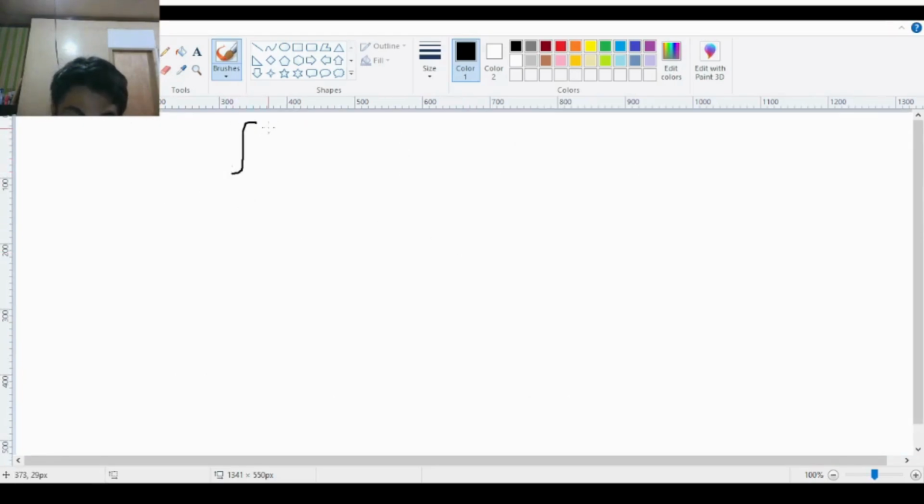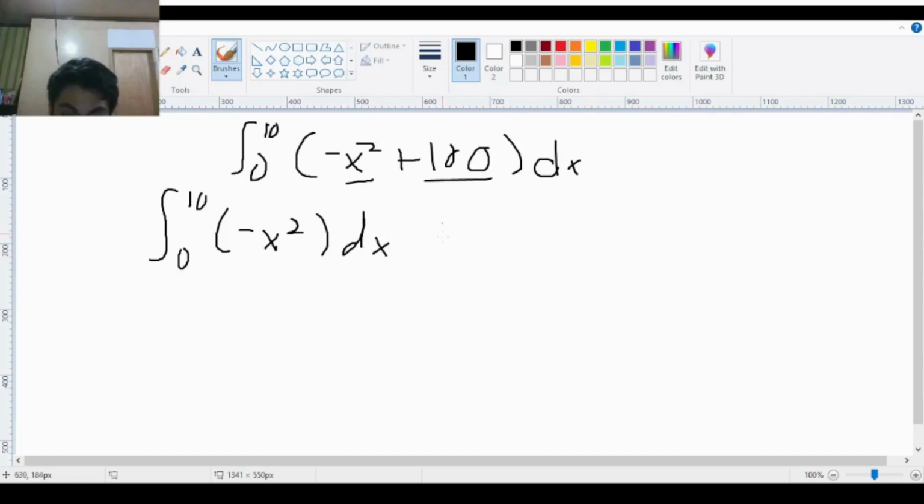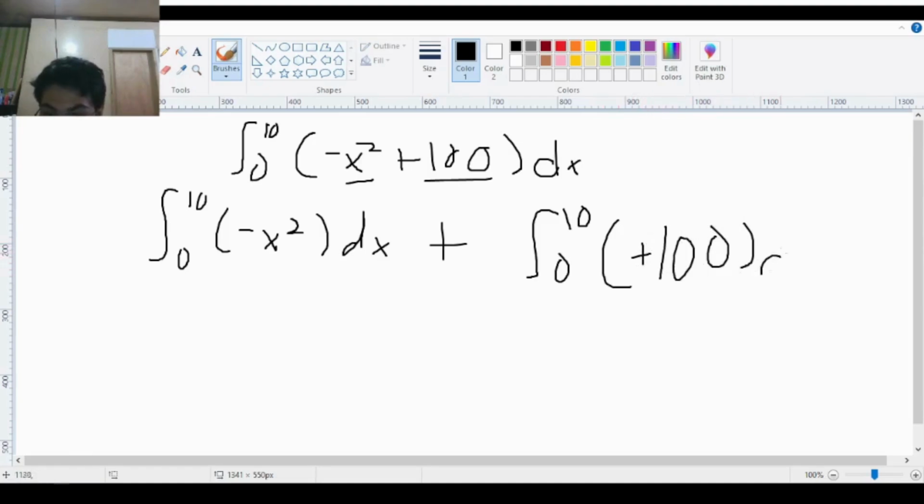From that equation, integral from 0 to 10 of negative x squared plus 100 dx, we can separate these two into the integral from 0 to 10 of negative x squared dx plus the integral from 0 to 10 of positive 100 dx.